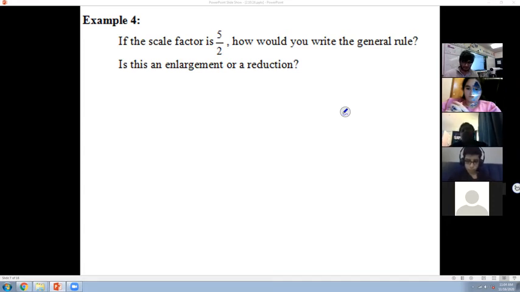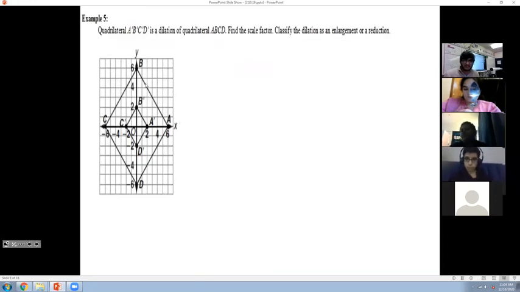Yes, I mean, 2.5. So here, this is the original one. This is the original one. And we have smaller one. This one we got from the original one, which is the big one. Now, do you think this is enlargement or reduction? You can type your answer.